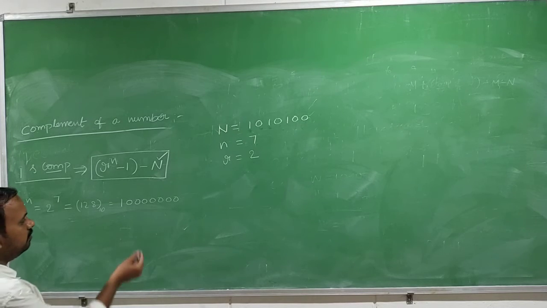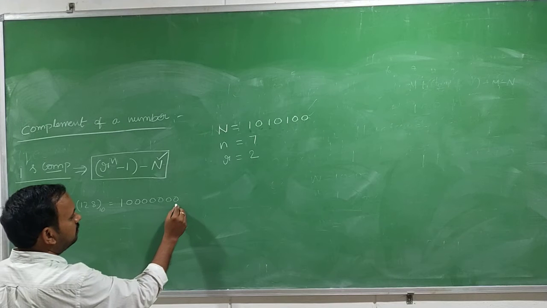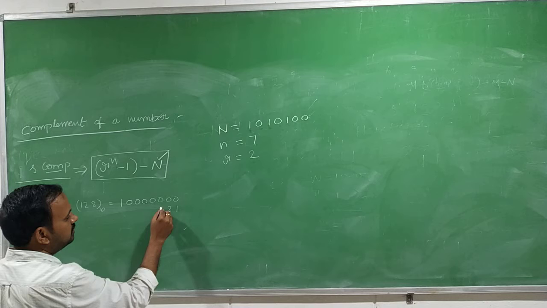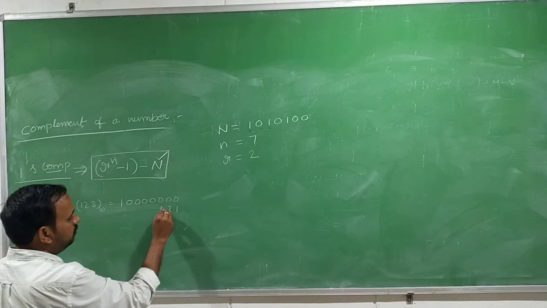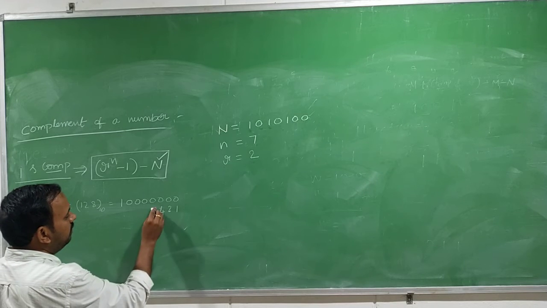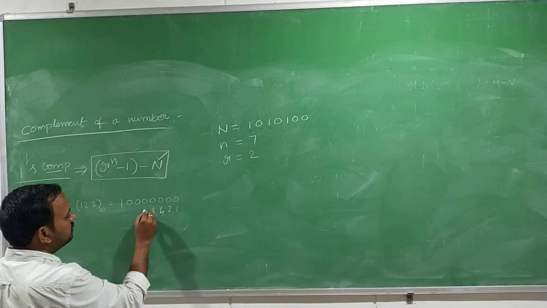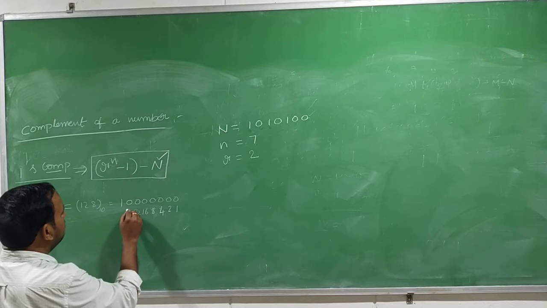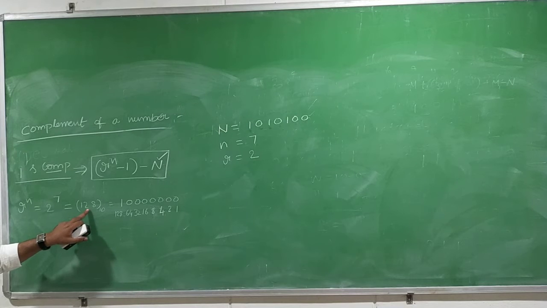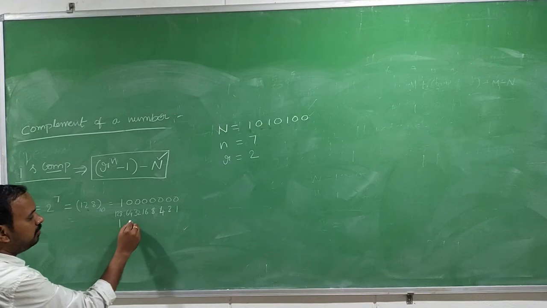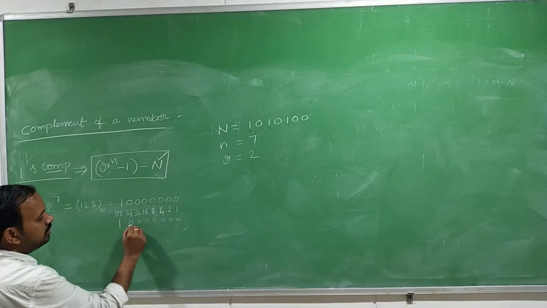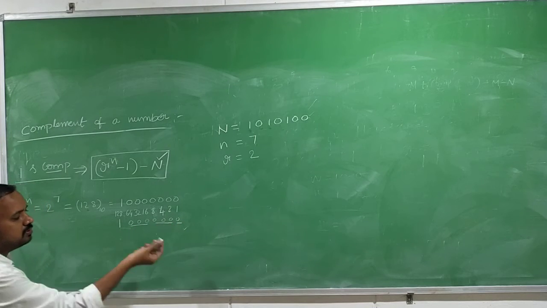If you want, you can find it out. This position is 2 power 0 position, this position is 2 power 1 position, this is 2 power 2 position, this is 2 power 3 position. So I'm writing directly 1, 2, 4, 8, 16, 32, 64, this is 128. If you want 128, you place 1 here and the remaining all are zeros, so totally 7 zeros.